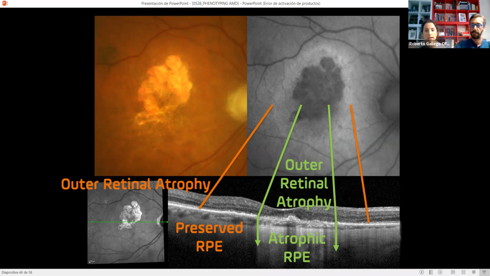It's kind of a window defect, like in fluorescein angiography, but for autofluorescence, and it has been described as an unmasking effect. And this is called outer retinal atrophy, ORA. So we only have atrophy of the outer retina, but the RPE is preserved. So ORA for outer retina and RORA, adding the R of the RPE for the combination of the two.